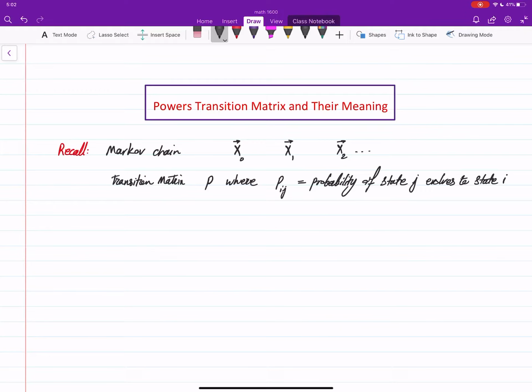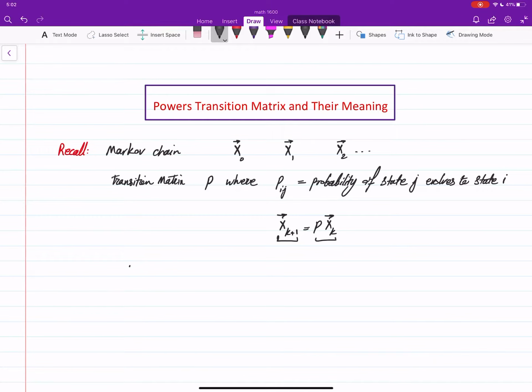And what else do we know? We know that every state vector can be determined by the previous state vector. So this is how a state vector in the next step depends on the state vector at this stage.